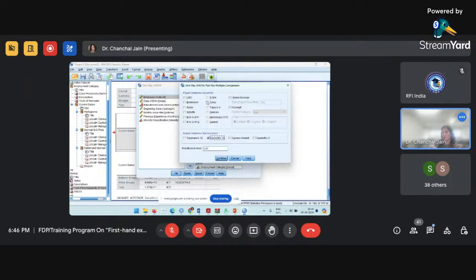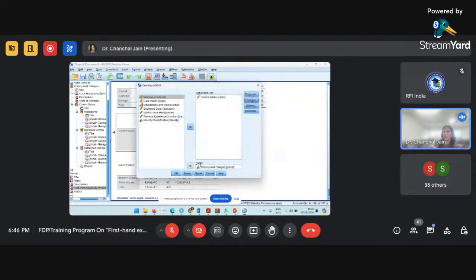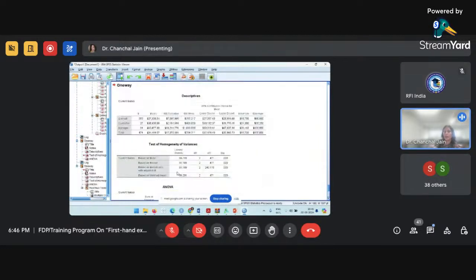You can see this is visible to everyone, right? This will be the case when the variance is equal, but here the variance was not equal, so we are going with the Dunnett T3. Significance level is 5%.